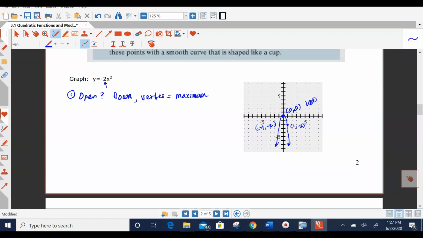So there is our vertex. That 0, 0 not only is the vertex, but it is also the x-intercept, and it is also the y-intercept. Imagine that. So there we go. We've graphed our first quadratic. We've got the x-intercept, the y-intercept, the vertex, and a couple of extra points. So definitely going to utilize the calculator.